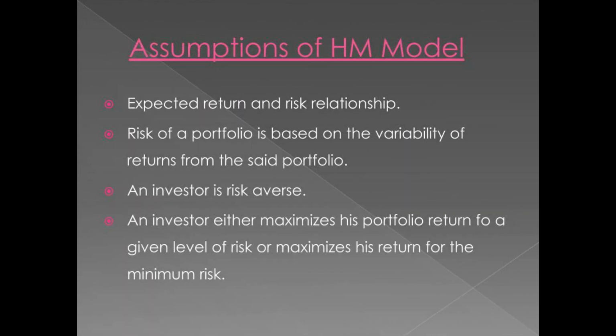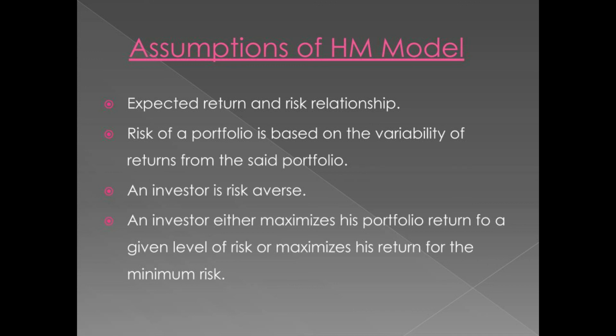Next are the assumptions of the HM model. The first assumption is that markets are efficient and absorb all information quickly and perfectly, so investors can earn superior returns either by technical analysis or fundamental analysis. The second is that the risk of a portfolio is based on the variability of return from the said portfolio.